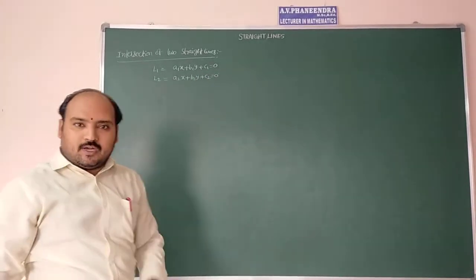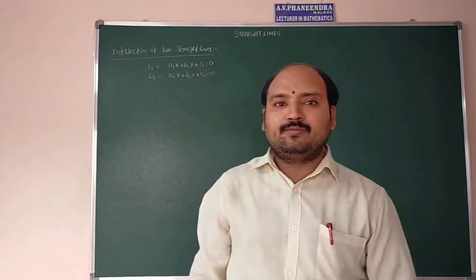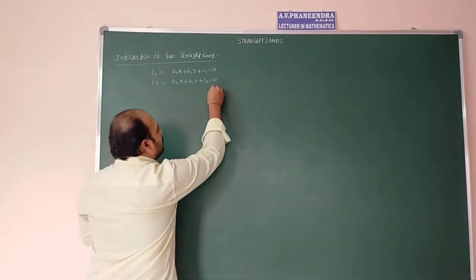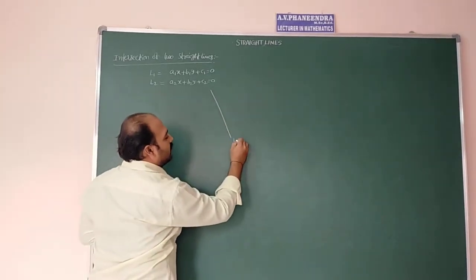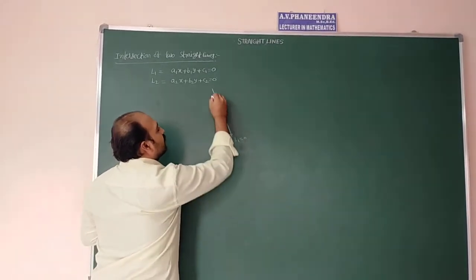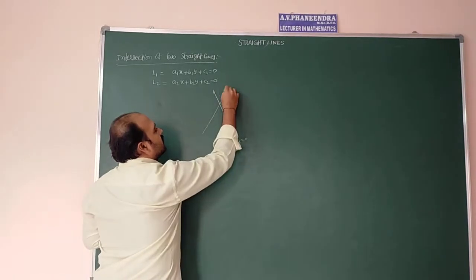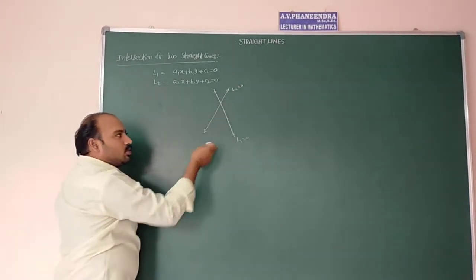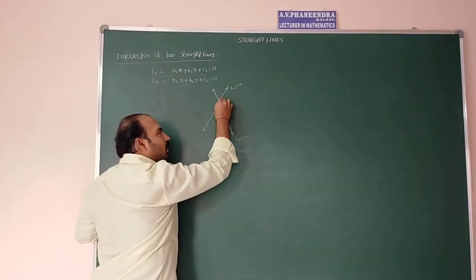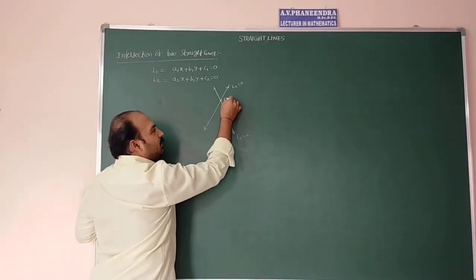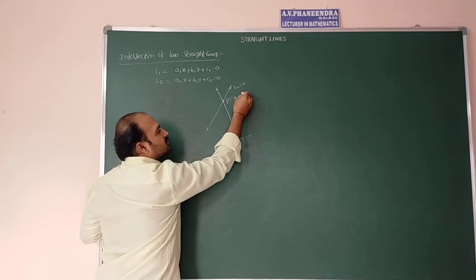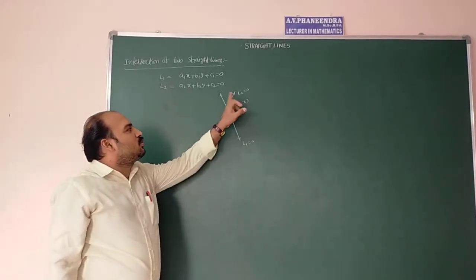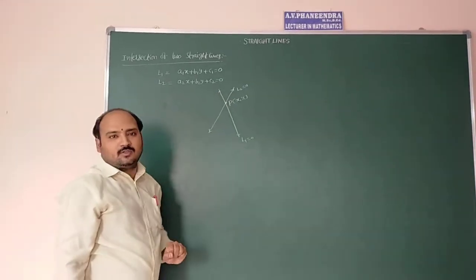These are the two straight lines L1 and L2 respectively. So intersection of two straight lines, this is L1 equal to 0, this is L2 equal to 0. These two lines are intersecting at this point. This point I am assuming is P of x1 comma y1, or simply x comma y also. So the point of intersection of these two lines will be x1 y1.